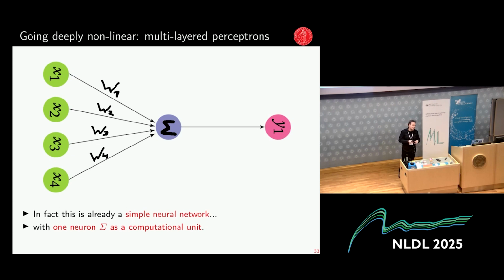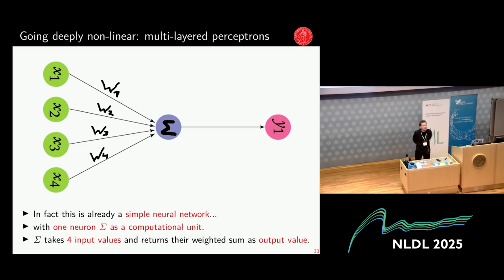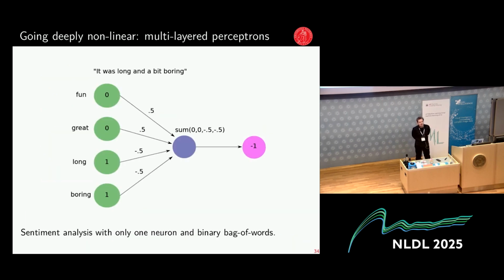So we take feature 1, x1, multiply it by the weight W1. Then we do the same with the rest of the features, and then we sum this. And this is the output of this neuron, right? So this is a very simple neural network. Not very useful, but it's enough to show the concept, right? So the output value is basically just a weighted sum.